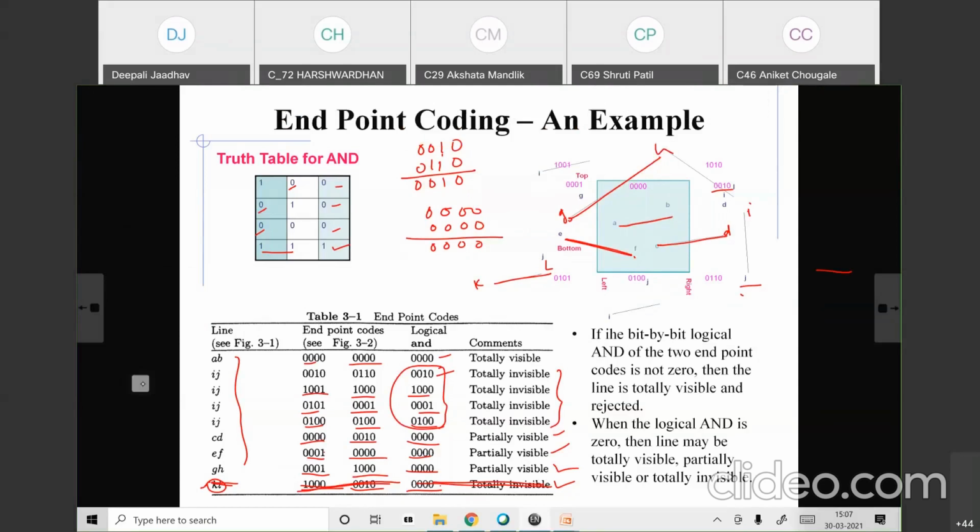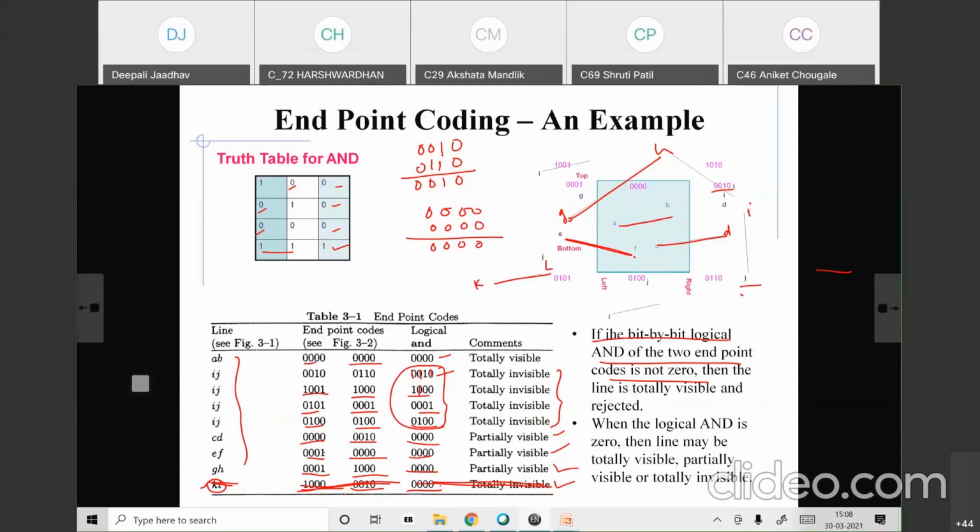Not equal to 0 means multiple ones may be there. If the bit by bit logical AND of two endpoints is not 0, then the line is totally invisible, and such lines are rejected.